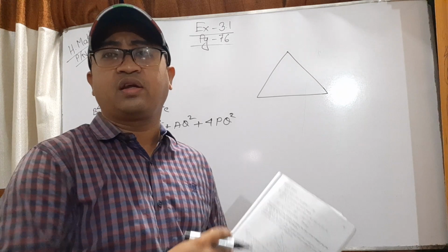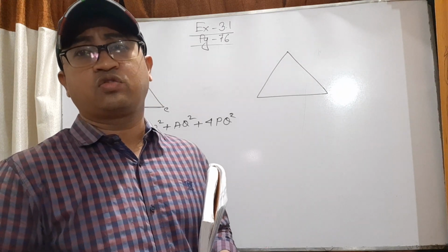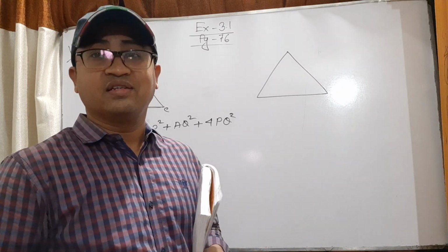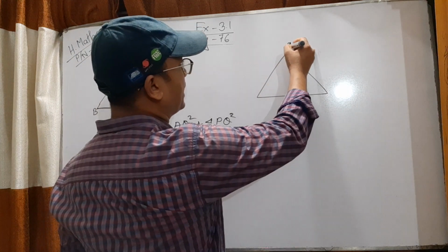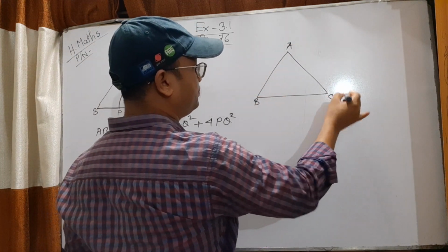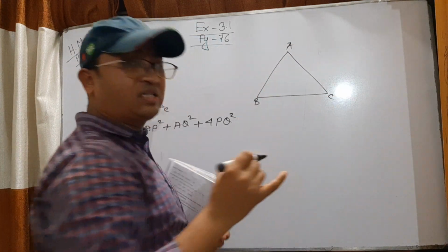But I draw an acute angle because it will be easier to understand. So this is ABC. So what is the question?